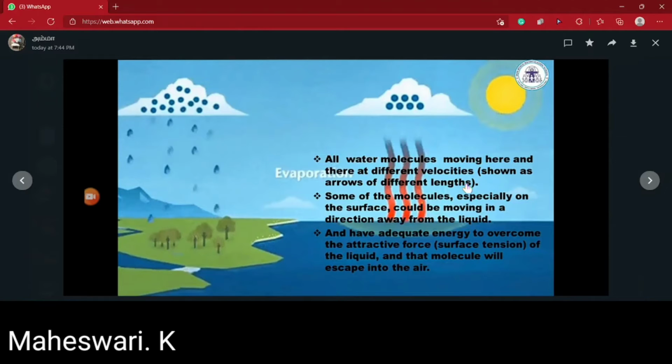Some of the molecules, especially on the surface, could be moving in a direction away from the liquid and have adequate energy to overcome the attractive force, here the surface tension of the liquid, and that molecule will escape into the air.